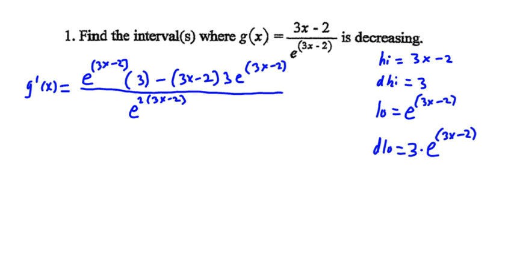Just trying to simplify, we look for a common factor between these two terms, and we see we have 3 e to the 3x minus 2 in both terms.